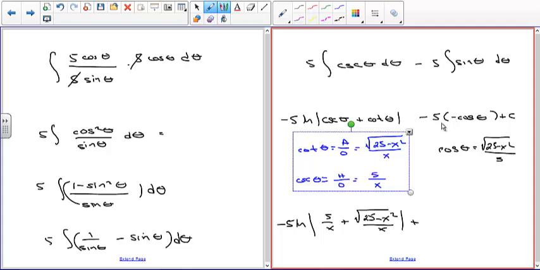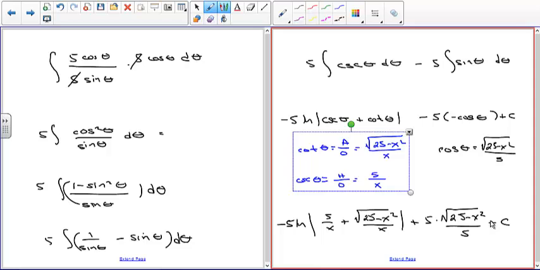These negatives cancel out. 5 times the square root of 25 minus x squared over 5 plus c. So that's the answer.